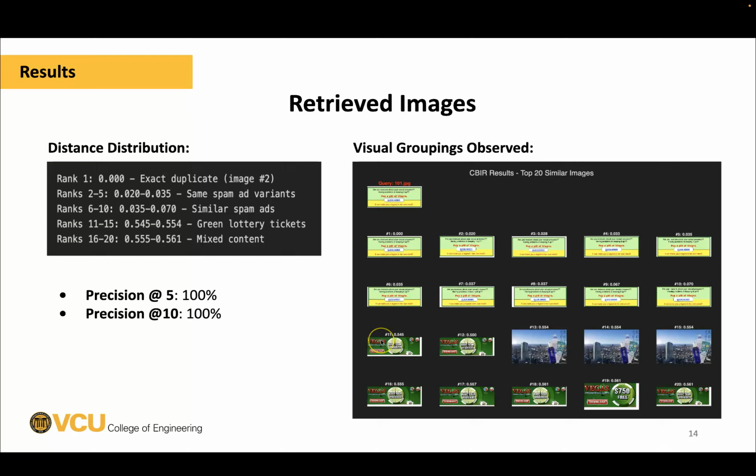From 11 to 20, they include semantically different content. They could possibly share the same color characteristics, but they're ranked this way due to the content of the images being different.